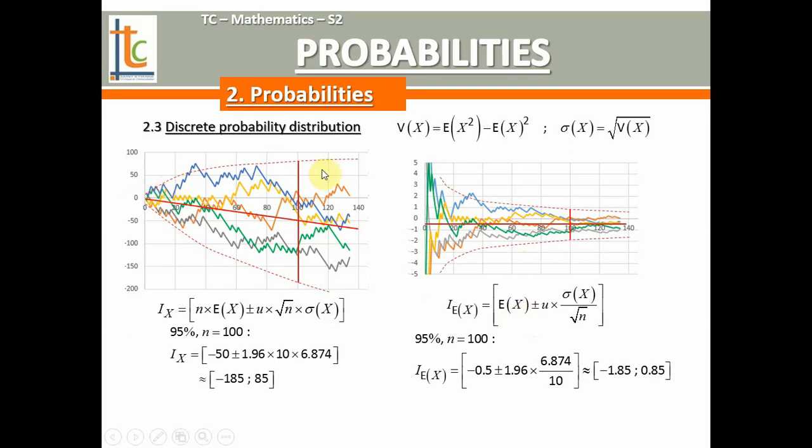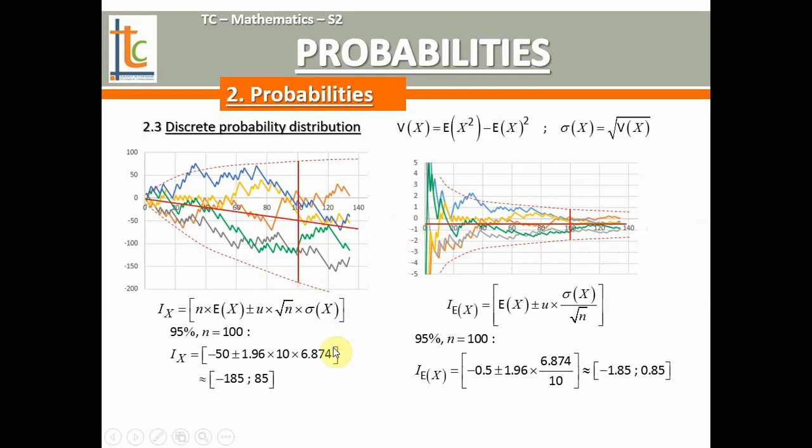So you can see that indeed 95% of the simulations will be imprisoned inside these two lines. And the bigger n is, the closer the two lines are, and they both tend to the central line at negative 0.5.